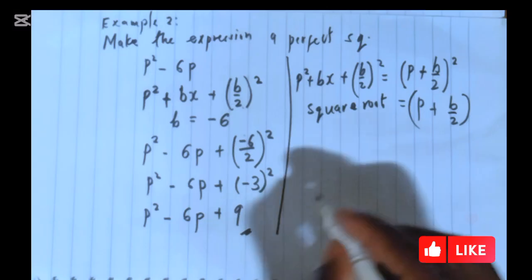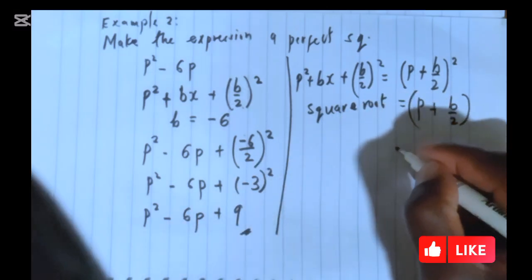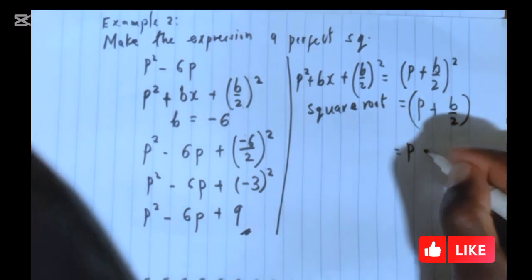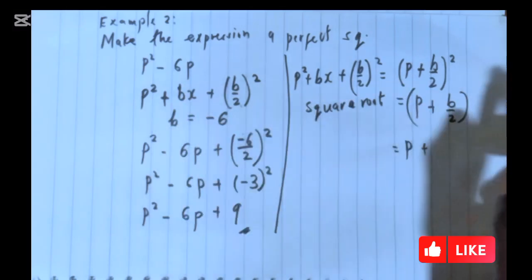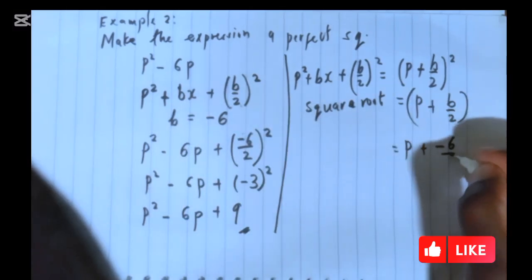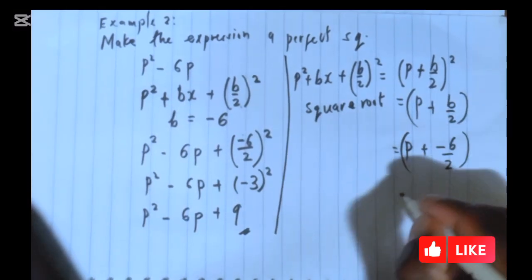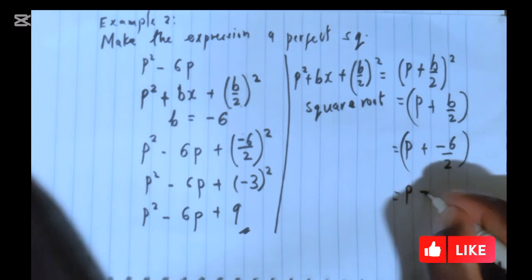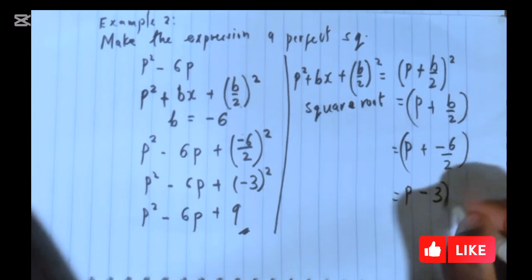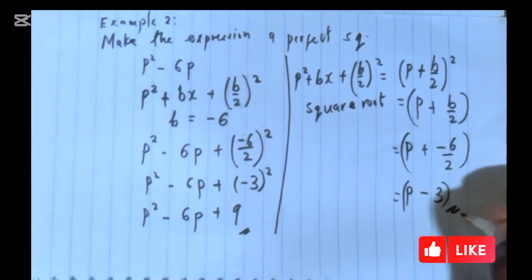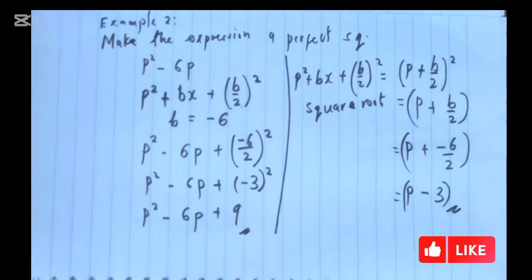So for us to find the square root in this particular case, we're going to have it as p plus negative 6 all over 2, and this will be p minus 3 as our final answer. So the square root will be p minus 3.